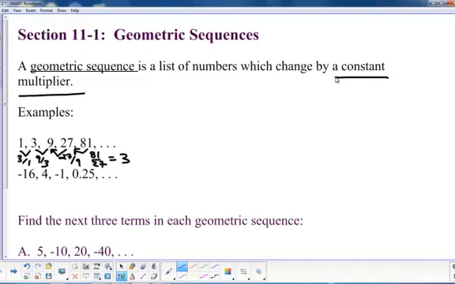So this is a geometric sequence, and we have a constant multiple of 3. In the next one, we could do the exact same pattern, 0.25 divided by negative 1, then 1 divided by 4, 4 divided by negative 16. Every single one of those gives us 1/4.